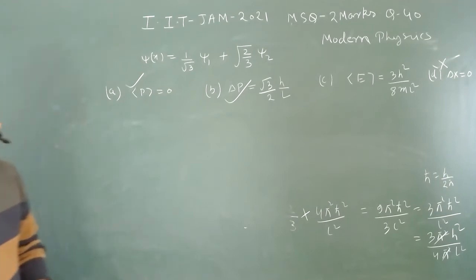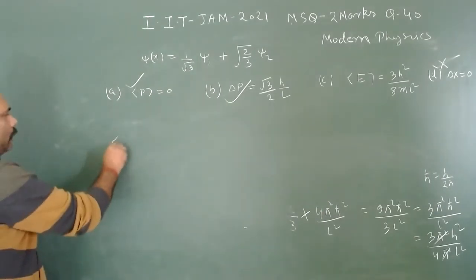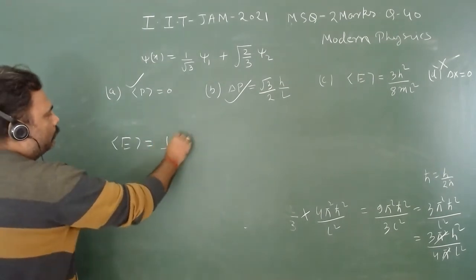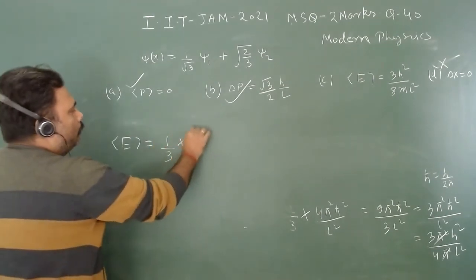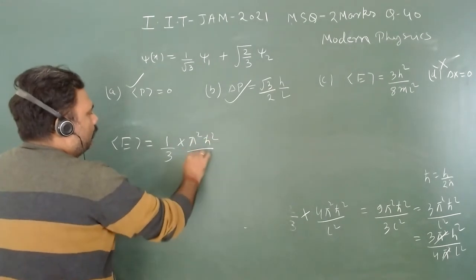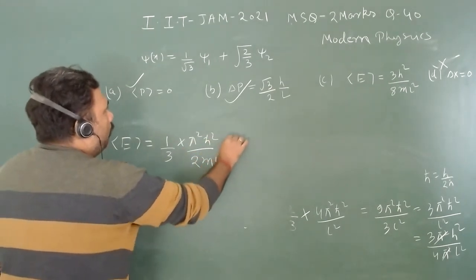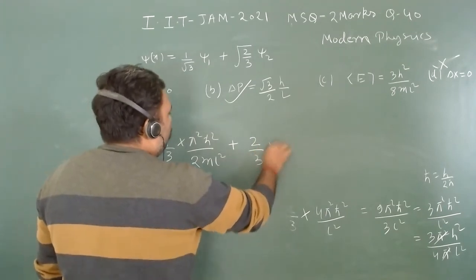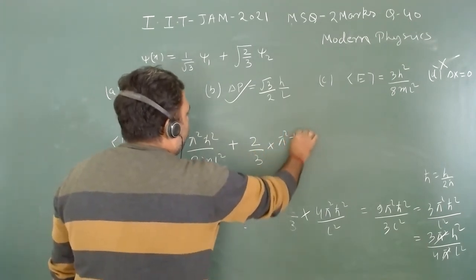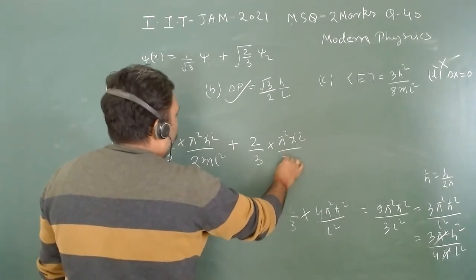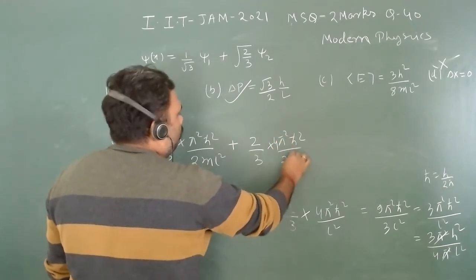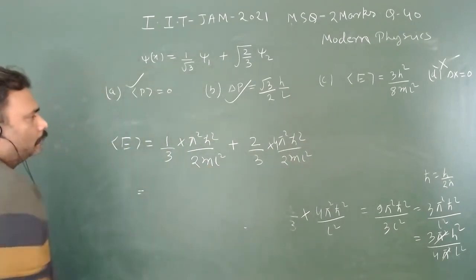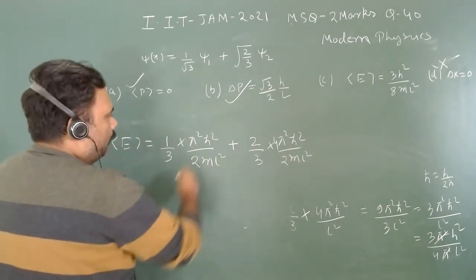The average value of energy is 1/3 into pi square h cut square upon 2 m L square plus 2/3 into 4 pi square h cut square upon 2 m L square.